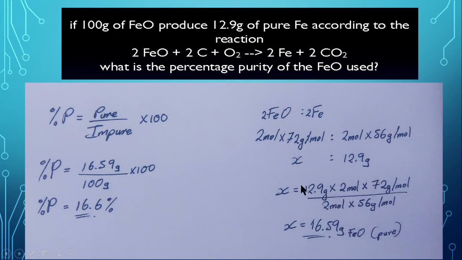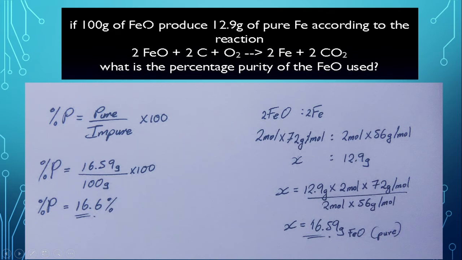So it means if this much is the mass of iron(II) oxide that would give me 12.9, then this is already below 100%. So I plug in my pure mass of reactant over the impure, or initial, mass of the reactant times 100, and I get my 16%. That is the percentage purity of our 100 grams of iron oxide.